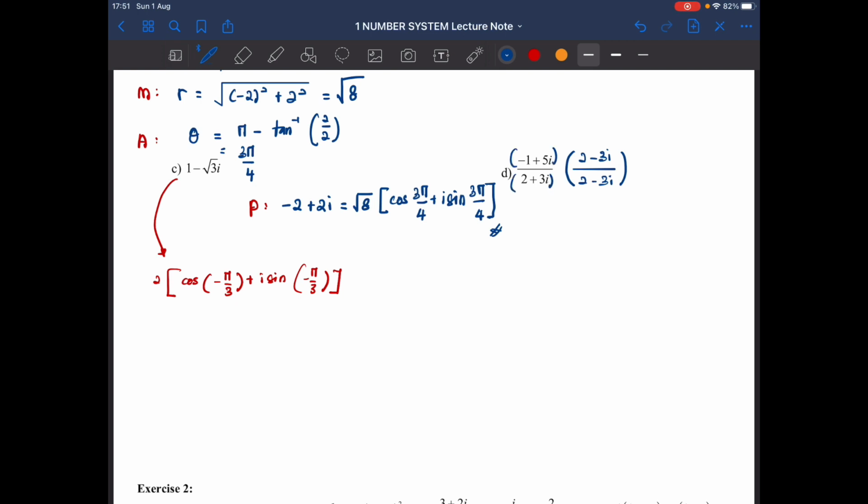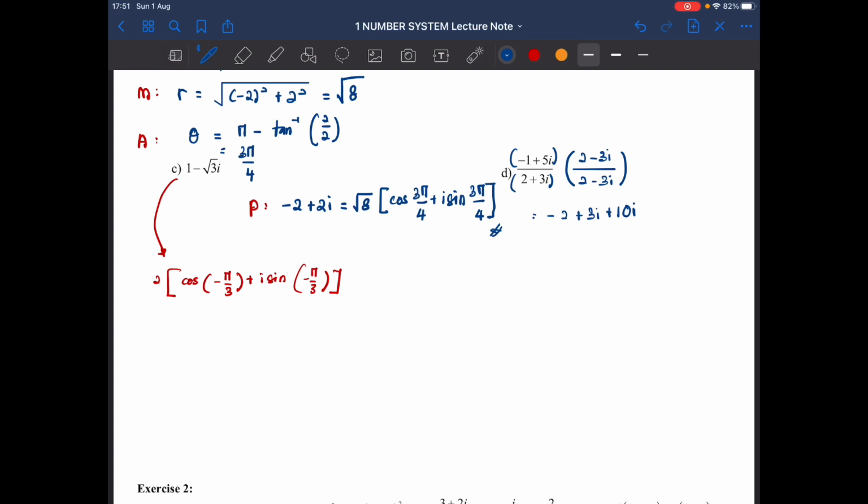Simplify the numerator: negative 1 times negative 3 plus 3i. Then 5i times 2 is plus 10i. 5i times negative 3i is negative 15i squared.